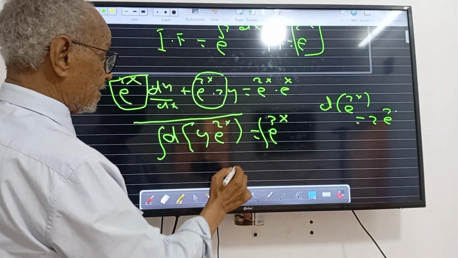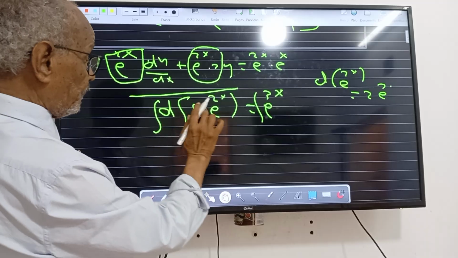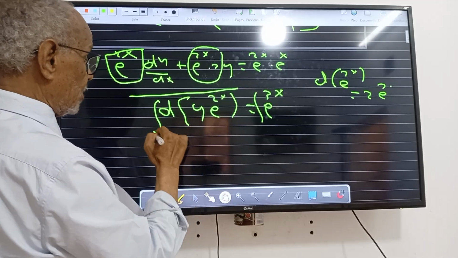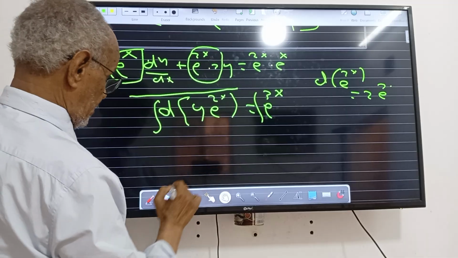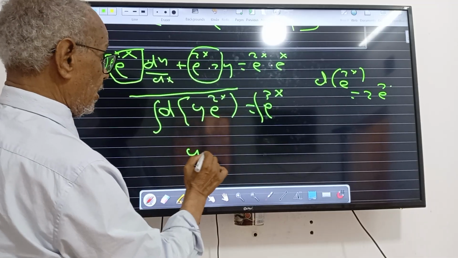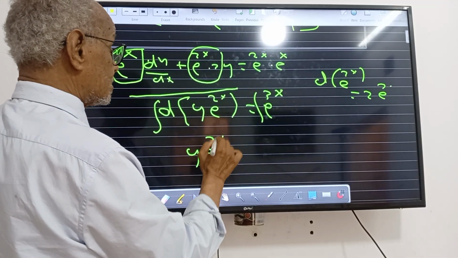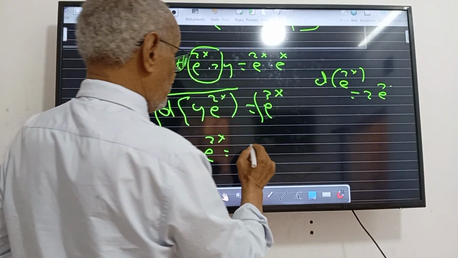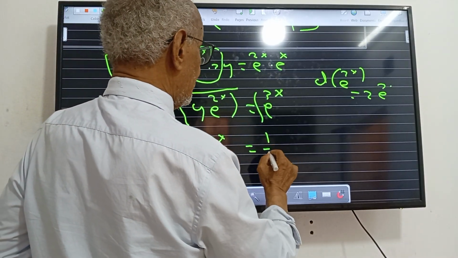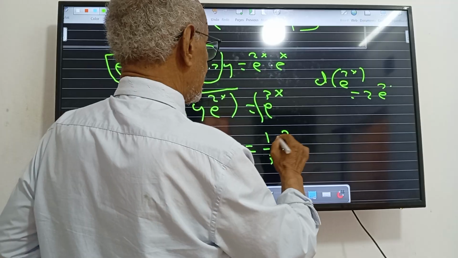So you will get the integration, just remove this differentiation. So y times e to the power 2x equals the integration of this, 1 over 3 e to the power 3x.